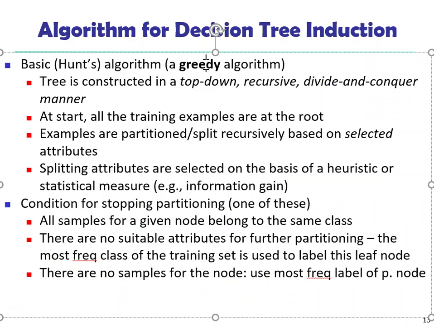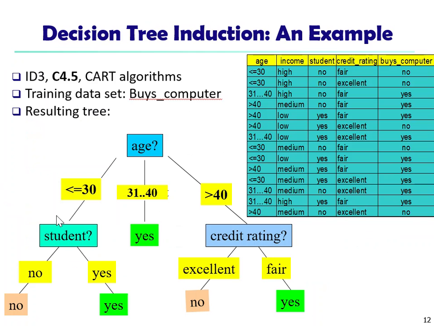Greedy means that during this top-down approach, there's no way to go back. You will have to deal with the decisions that you made at an earlier level. There is no going back to recheck or change the attributes that you selected to evaluate at an earlier step. No, you don't do that.